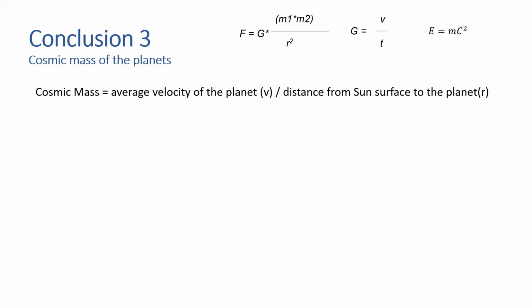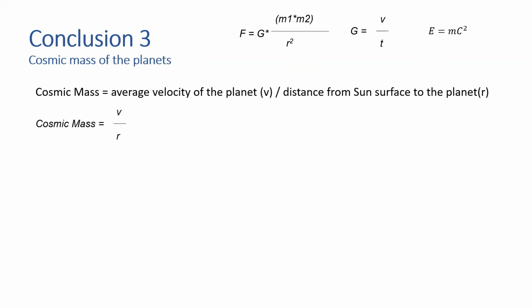When we look at these relations, we can also consider a parameter, which we call the cosmic mass, and it is the average velocity of the planet, v, divided by the distance from the sun surface to the planet, a little r.